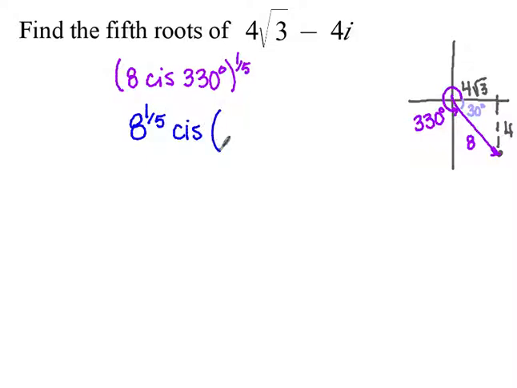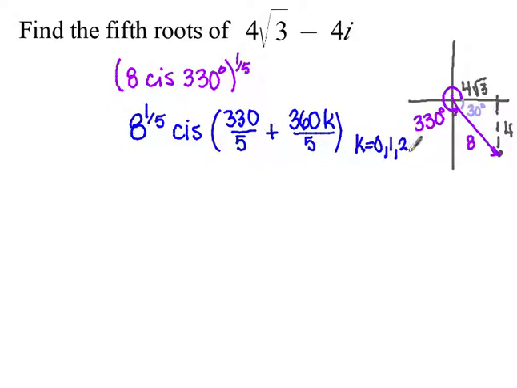What am I going to do now? 330 divided by 5 plus 360k divided by 5, and I'm going to do k equals 0, 1, 2, 3, 4. 8 to the 1/5, I'm going to let you stay as 8 to the 1/5. I'm not even going to make you simplify that. Okay, cis, what's 330 divided by 5? 66. Plus, what is 72k?